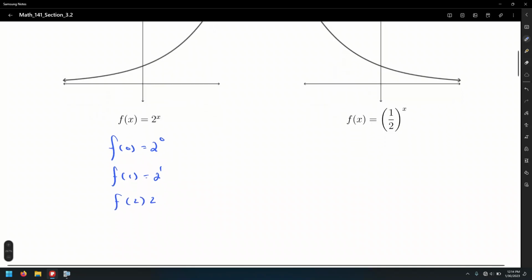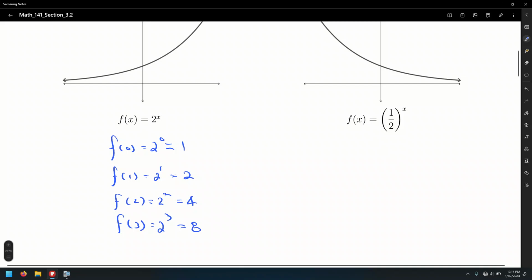Any number to the 0 power is 1. That's 2, that's 4, that's 8, etc. Right? Powers of 2: 1, 2, 4, 8, 16, 32, 64, 128, etc.